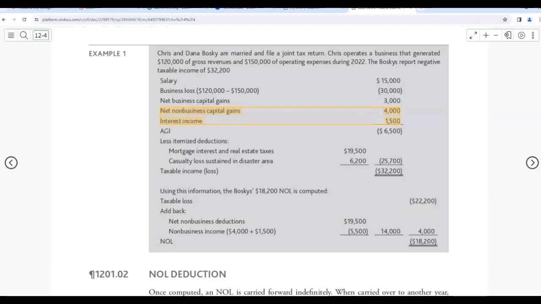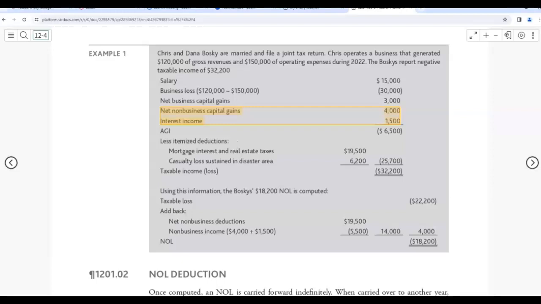Okay. AGI ends up being what? 15,000 minus 30,000 plus 30,000 plus 4,000 plus 1,500 ends up being minus 6,500 adjusted gross income. So far, so good. Less itemized deduction.